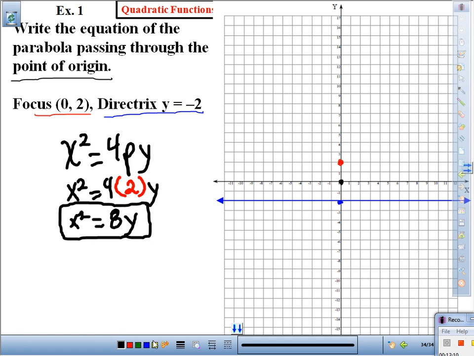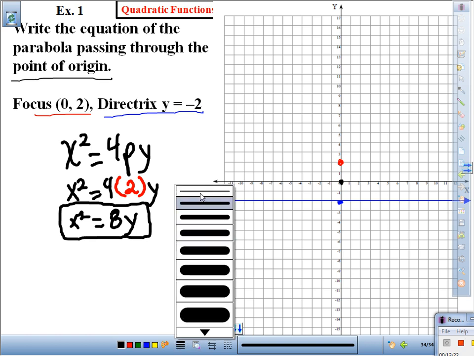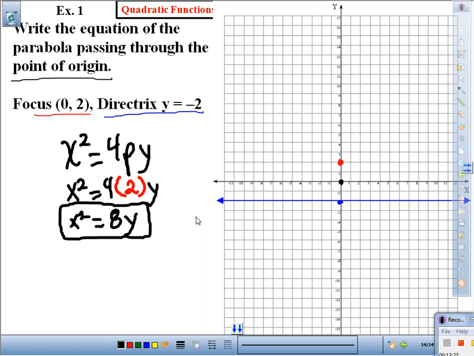All right, now we just need to graph. Somebody asked you to graph. What would you do with that? A table, that is correct. x, y: -2, -1, 0, 1, 2.